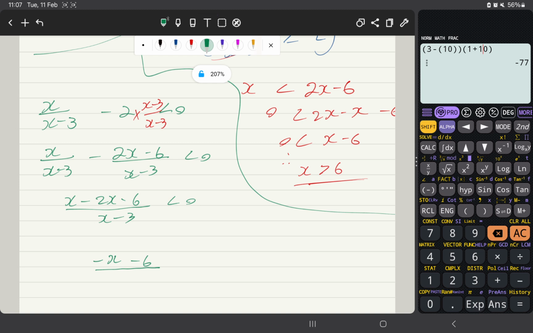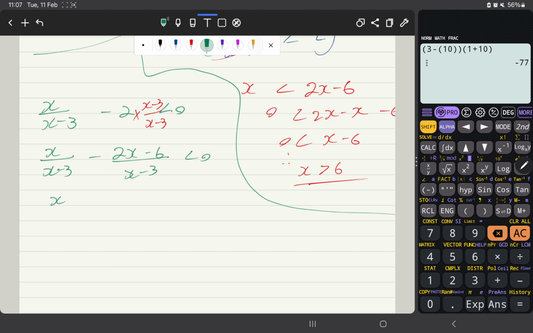And actually I made a slight mistake. I should have kept my brackets here. I will explain why. In fact, let me erase this part to show you that silly mistake. Be careful, guys. Try not to do the same mistake.